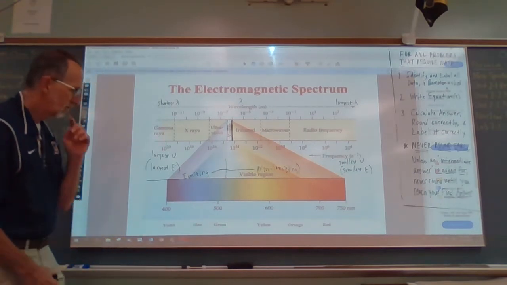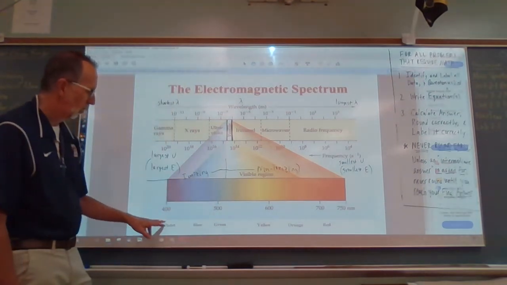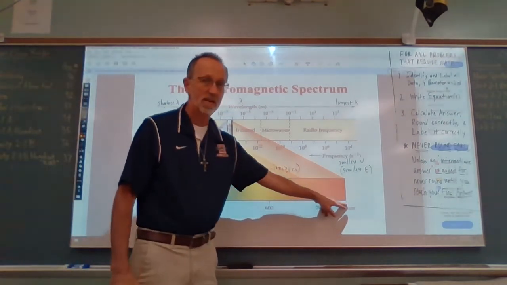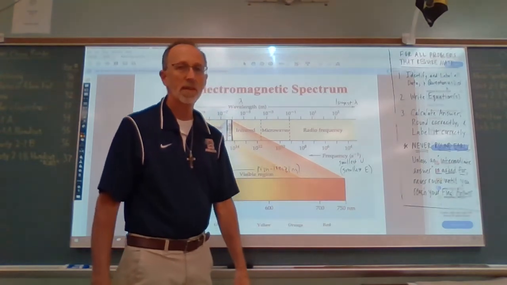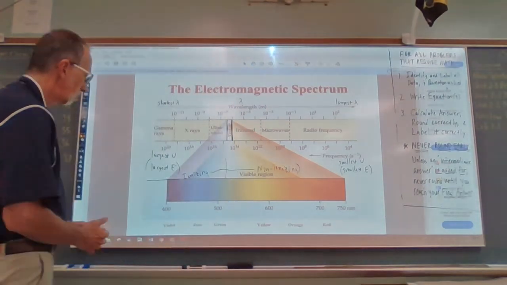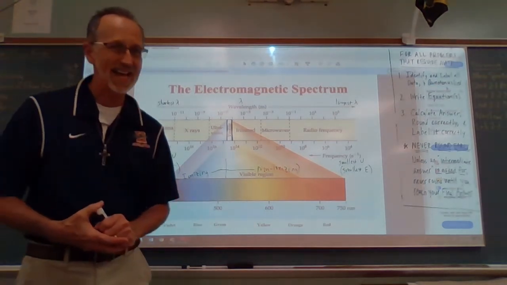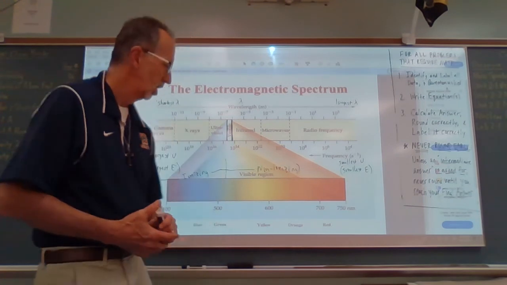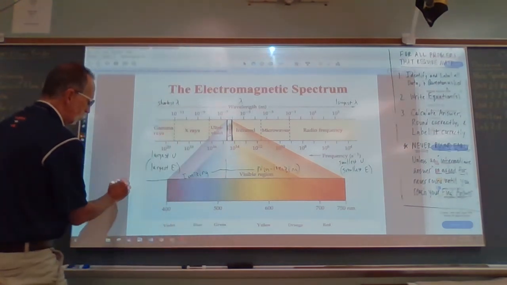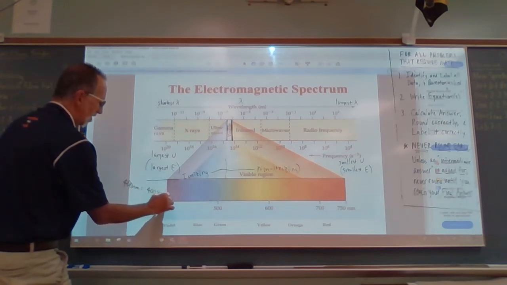All right, so we have violet, blue, green, yellow, orange, red. And as you can see, the wavelength, now this is listed in nanometers, right? Nanometers, so that we're dealing with whole numbers, in the hundreds, actually. Remember, a nanometer is 10 to the minus 9 meters. So 400 nanometers is equal to 400 times 10 to the minus 9 meters.